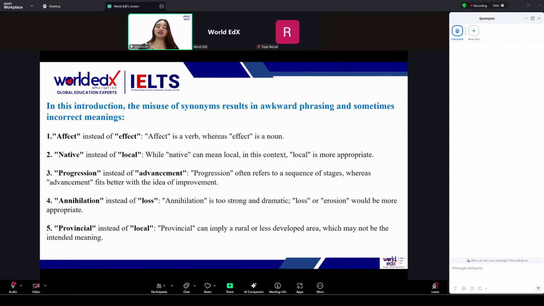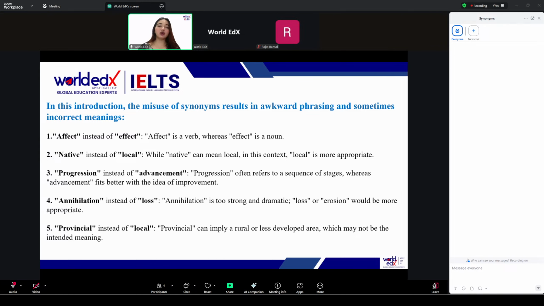The next one is annihilation instead of loss. Annihilation is almost extermination. Extermination means completely ripping off, killing, bringing a person to shreds. But loss is a toned-down word which means the same thing. So even though you use annihilation, it will bring a very strong current of emotion, but you don't need that much.